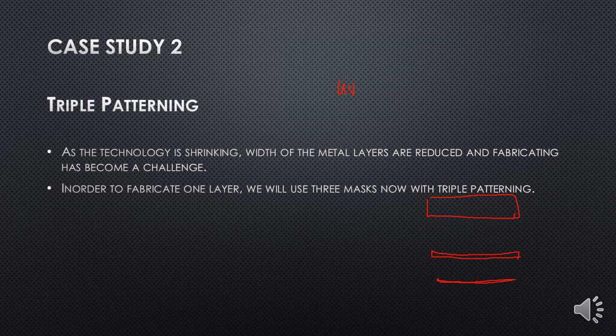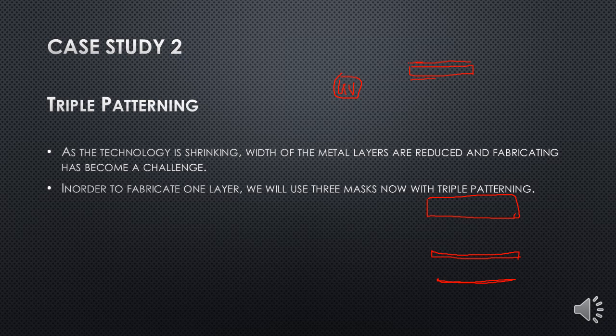If we want to fabricate this larger width, it might be easy, because whenever you pass the UV light, because of its properties like diffraction, instead of falling on one particular area, it can spread over some more area than expected.